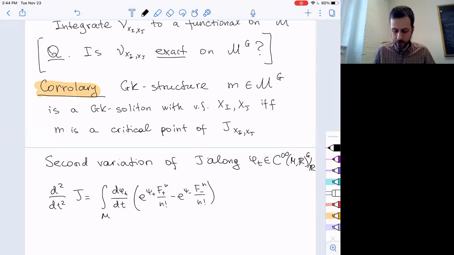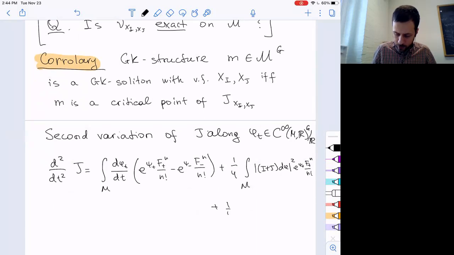So this will be one term, and there will be two terms which are positive: plus G squared against plus volume form, and an analogous term for minus.